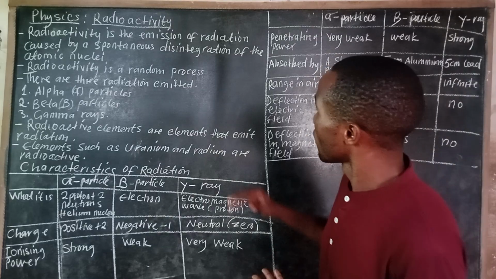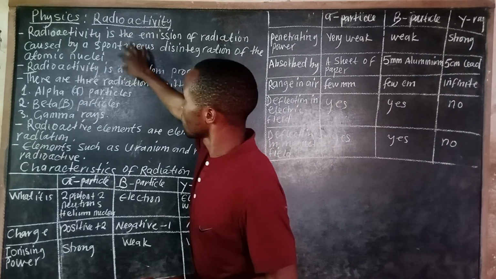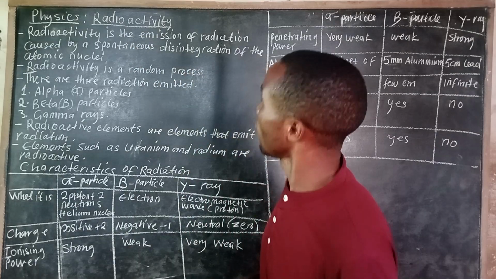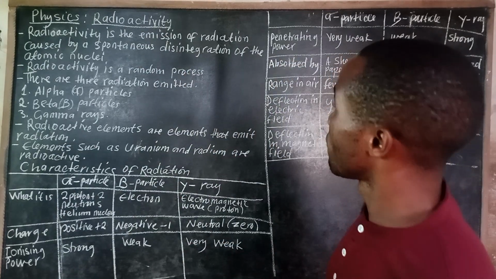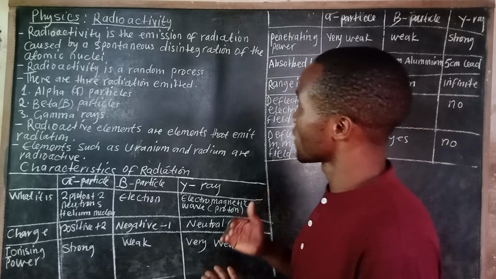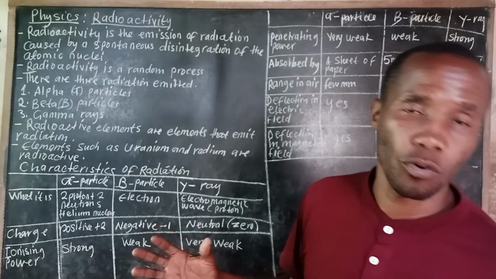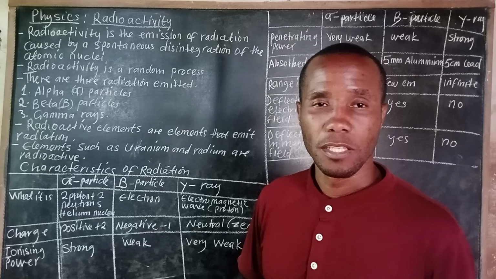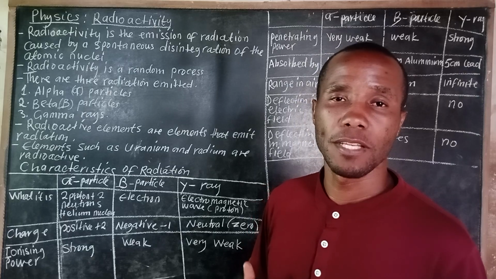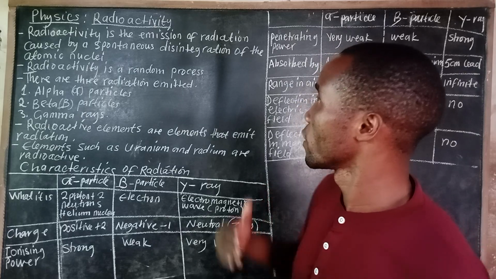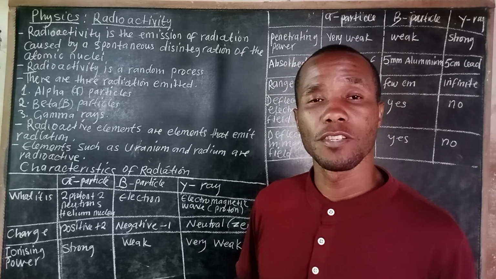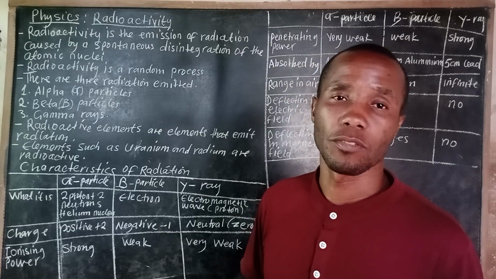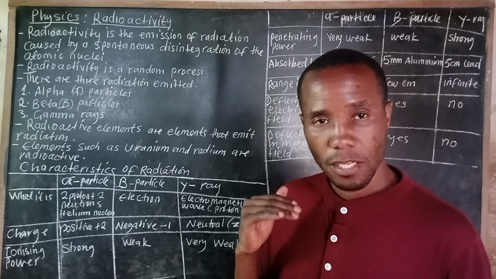There are new scientific terms here that you must understand for you to understand radioactivity fully. Spontaneous simply means naturally happening. Something that happens naturally is called spontaneous. Disintegration means the breaking down of things.